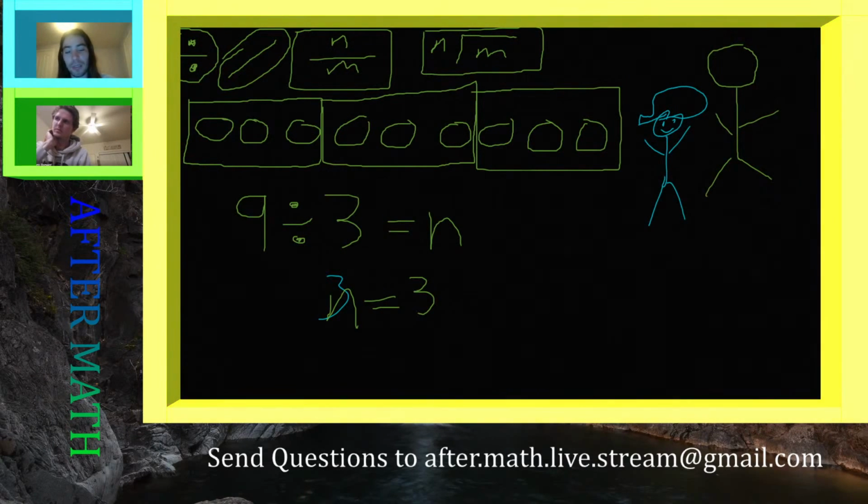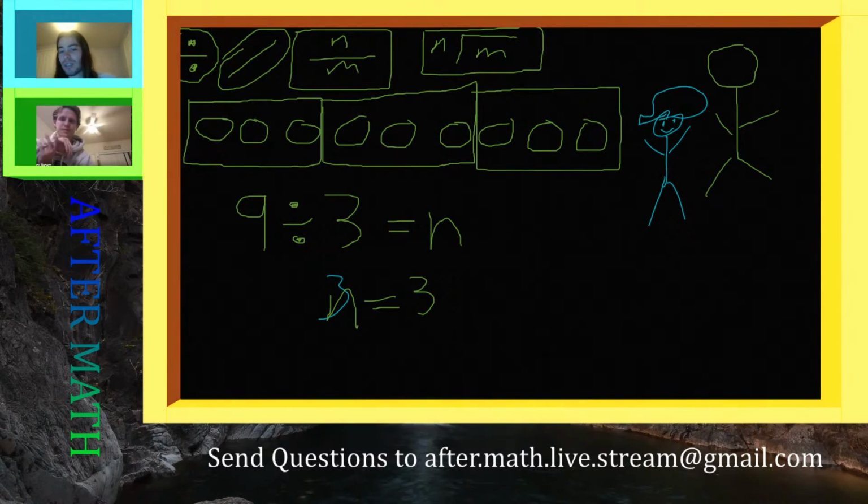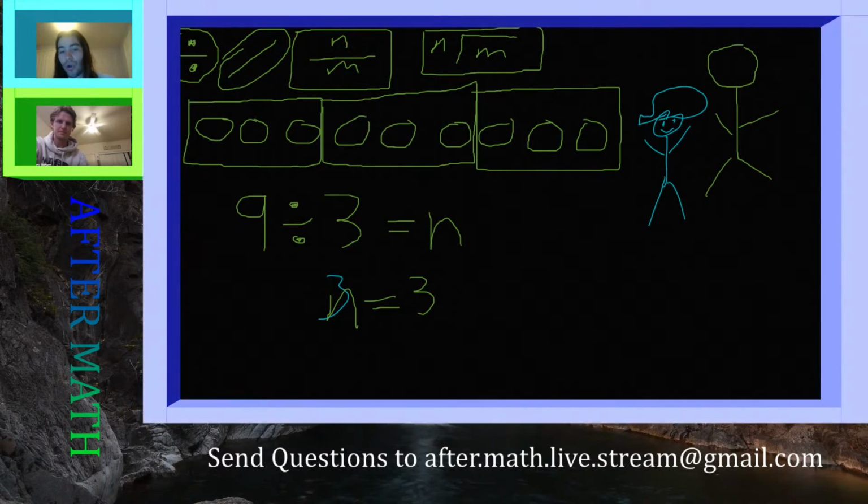But this might be a good segue into that: when you're dividing, you're trying to figure out how many times something goes into something else, right? So in this case, it's like how many groups of 3 go into 9? Well, it's 3, right?